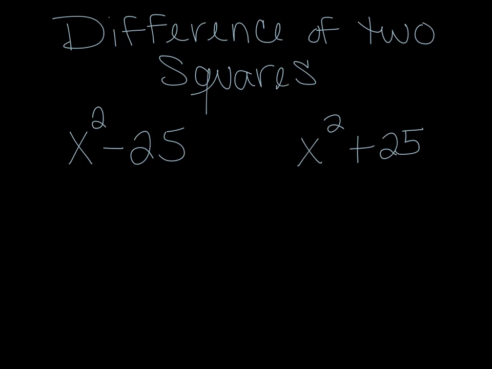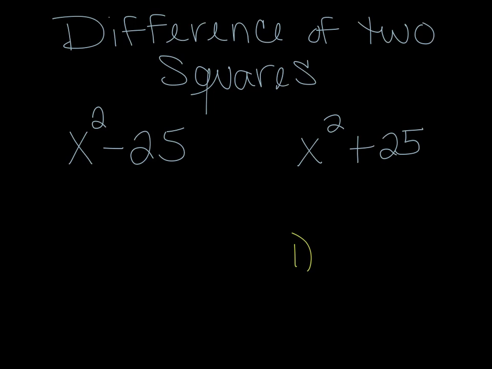With your difference of two perfect squares, one thing you're looking at is the first term, x squared: is that a perfect square? The last term, is that a perfect square? And is there a difference between them, or a subtraction in the middle? Those are the things you need to look for.